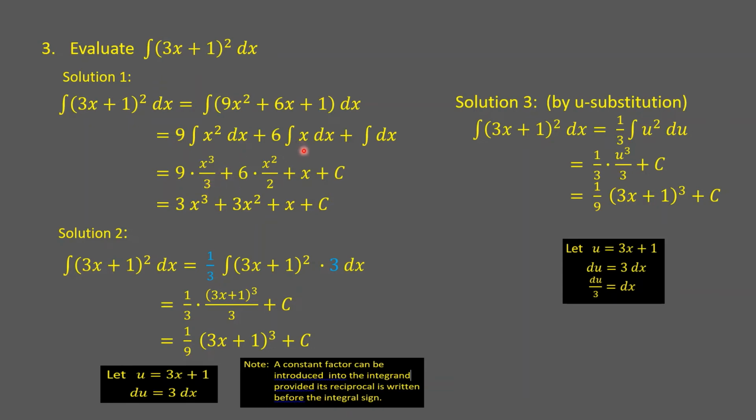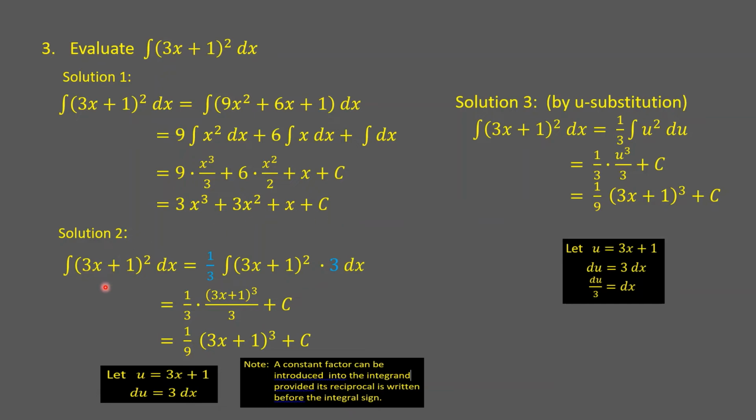The integral of x dx, also by the power rule, results in x² over 2, and the integral of dx is just x. Therefore we come up with 9 times x³ over 3 plus 6 times x² divided by 2 plus x plus the arbitrary constant c.